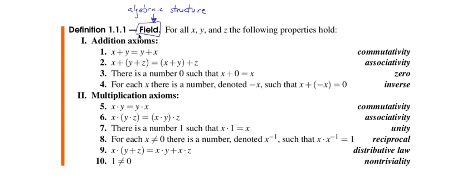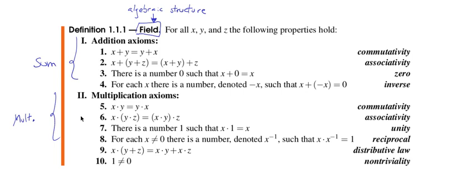So a field is a set of different elements, in this case numbers, that will have two different operations: the sum and the multiplication.